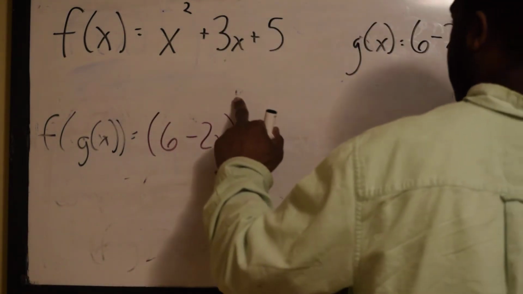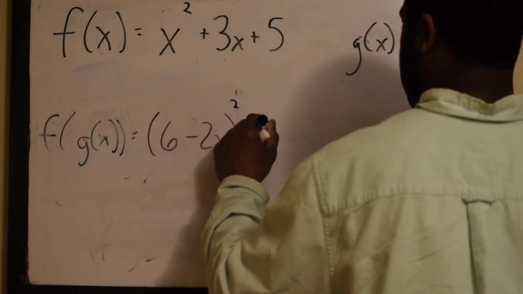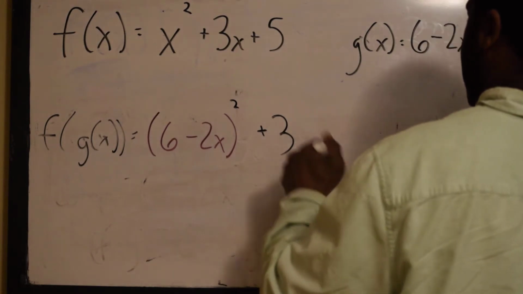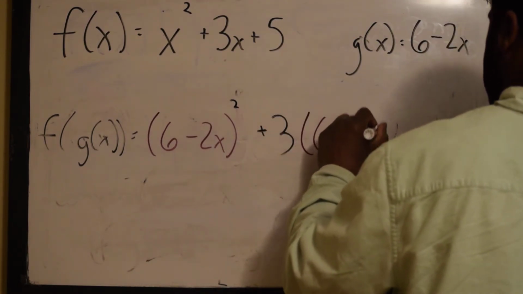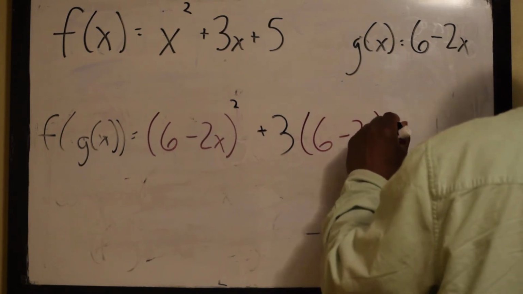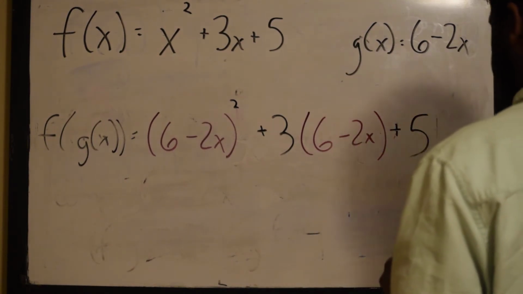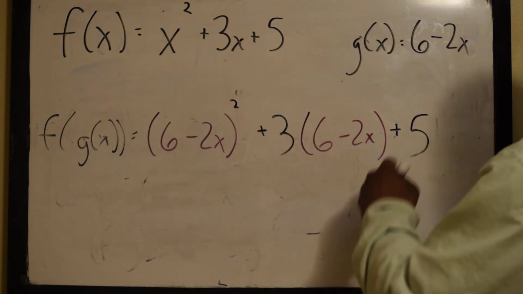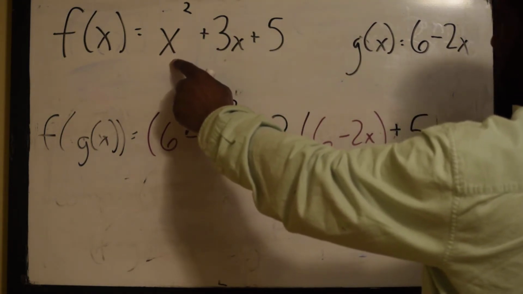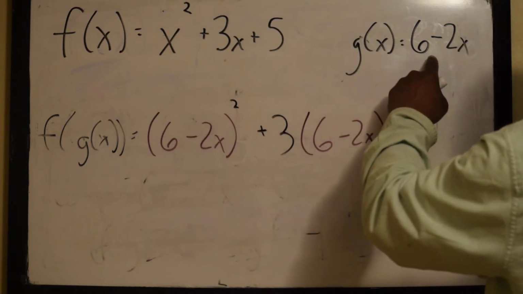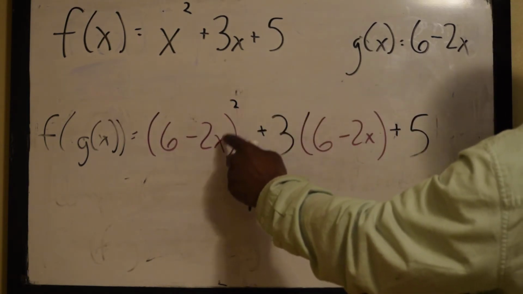Okay? Plus 3 times 6 minus 2x plus 5. Now you can see it. The g of x plays the role of your x. So instead of x squared, we put 6 minus 2x squared.